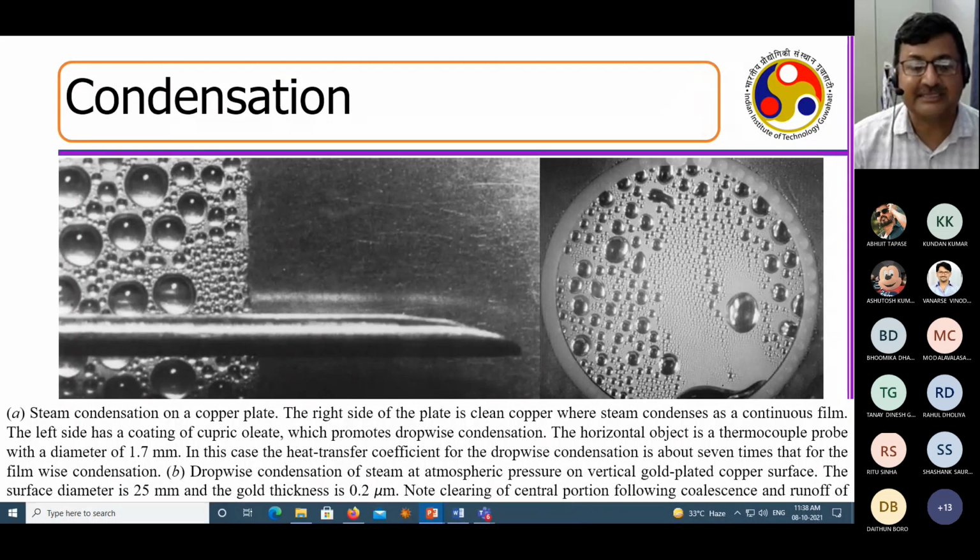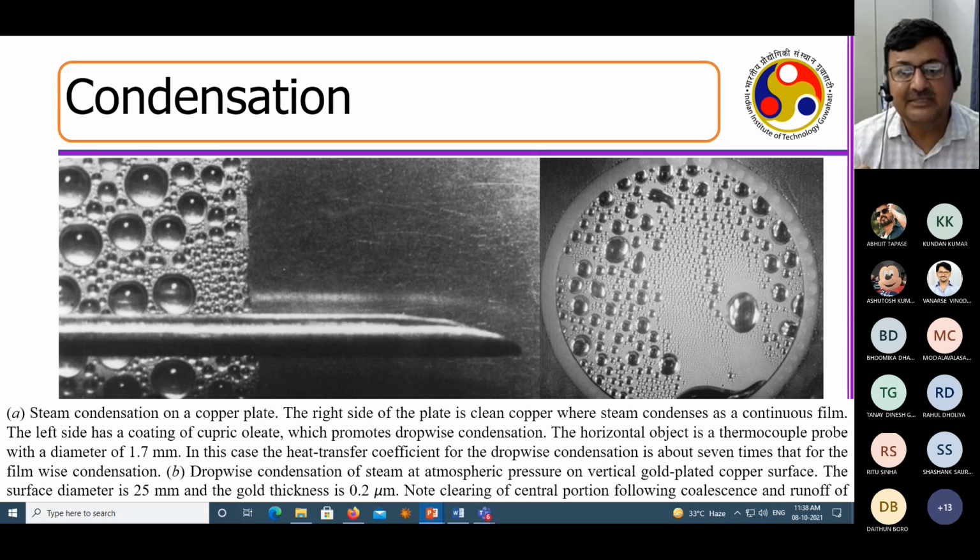Great. So if no question is there, now I quickly move to the other part of the story, that is phase change. Say in a convective process, suppose there is a hot fluid that is flowing, suppose there is air, and suddenly you bring in a wall which is at low temperature. Suppose you bring in a metal plate which is at, say, 4 degrees centigrade, 10 degrees centigrade, or 0 degrees centigrade.